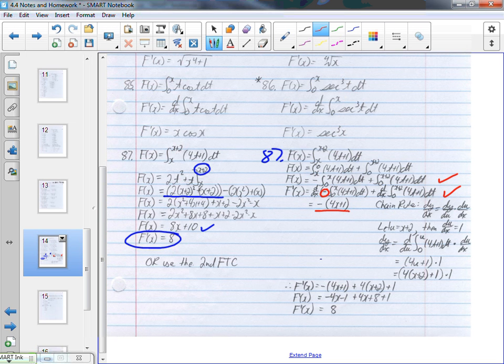So what I'm going to end up doing is replacing the t with x plus 2, and then times the derivative of u, which fortunately for us is a 1. Now, I wrote out all the same work we did yesterday, but then we shortened that down, didn't we? We said, hey, it always works this way. Let's jump to the end. So I can do that. That gives me that, gives me that, gives me that.